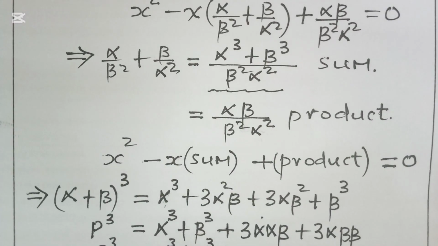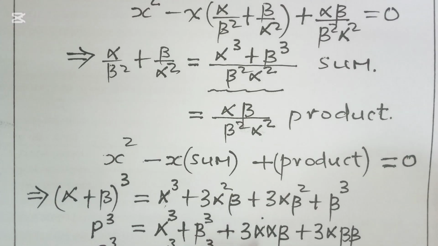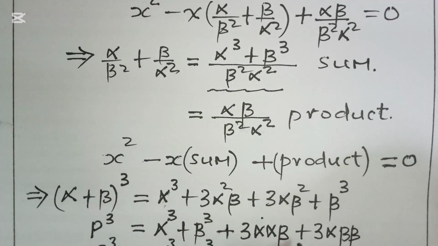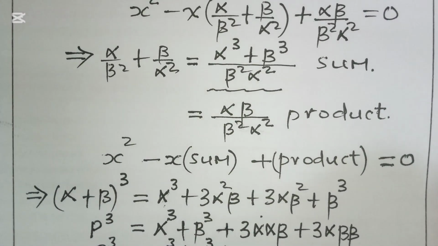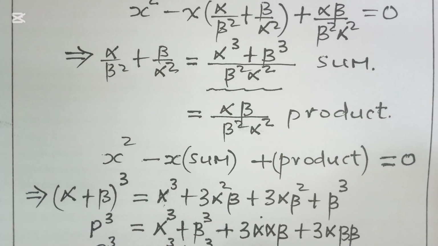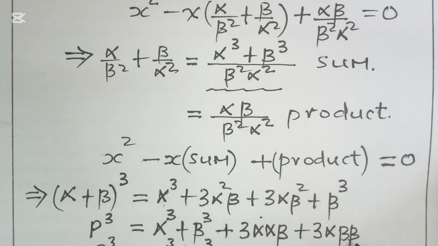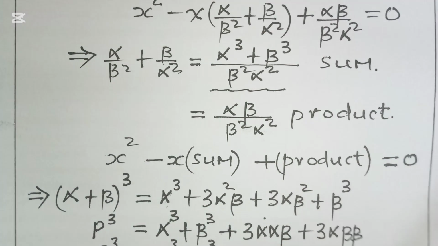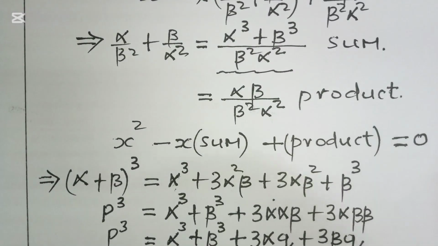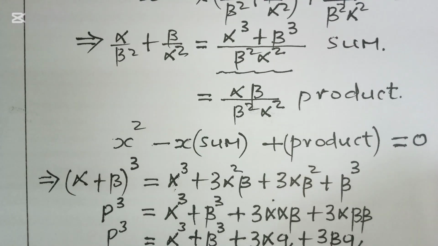So we shall have 3 alpha, and now I replace alpha and beta with q, plus 3 beta. I replace this with q, like that. And so from there, I can now factor out the 3q from these two terms.